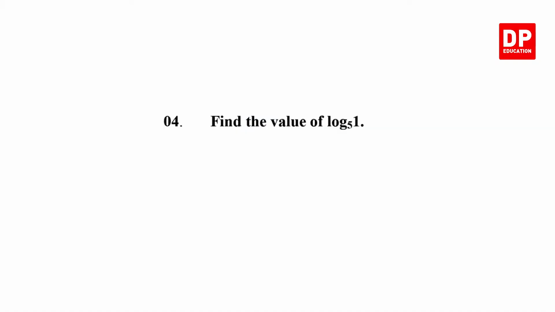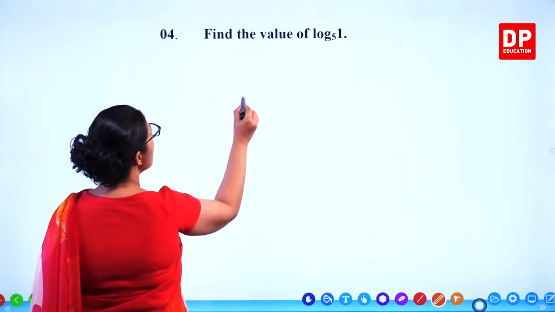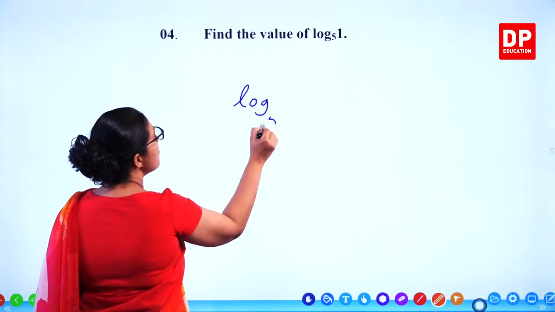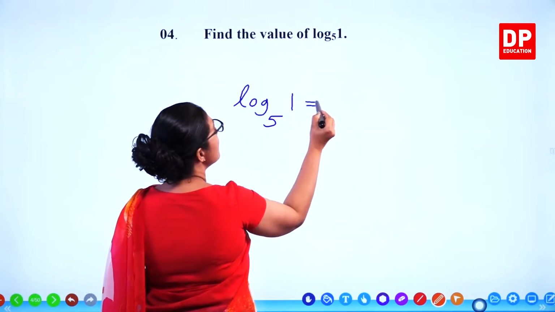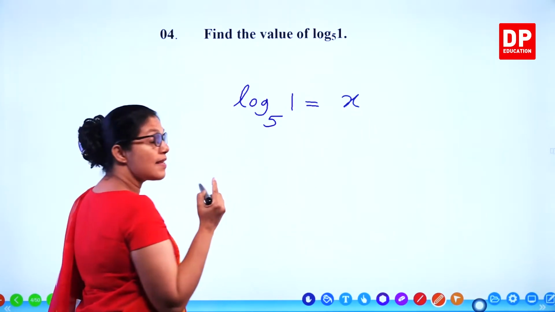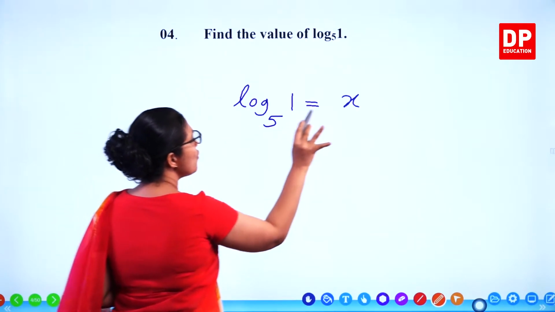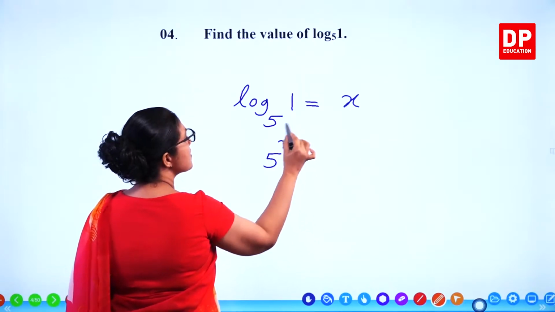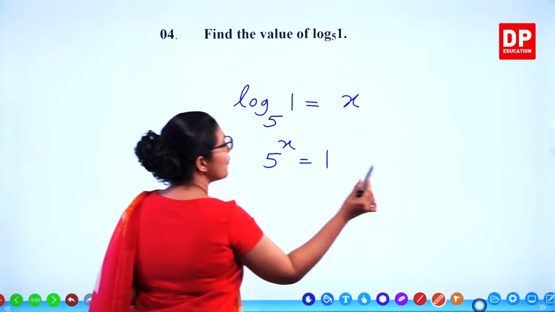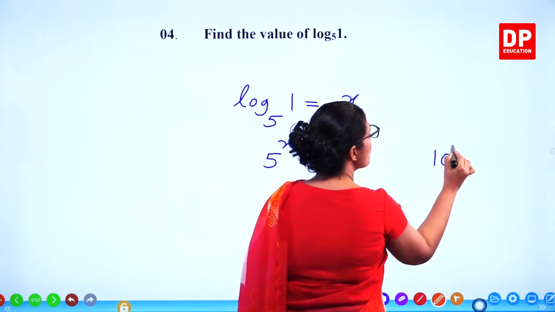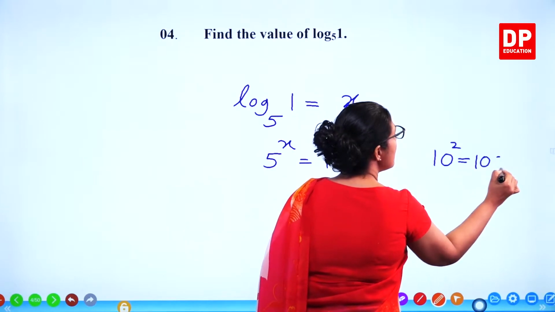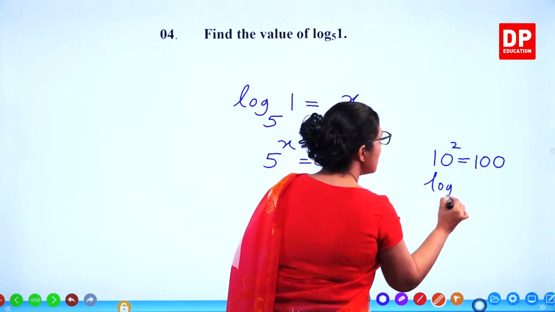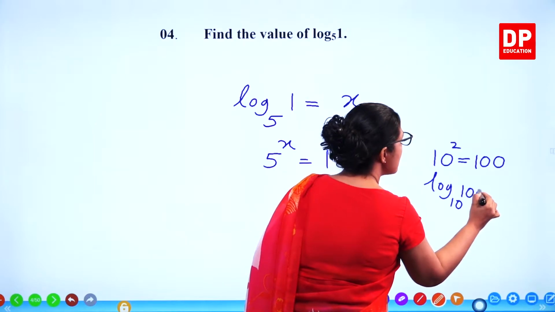Question number 4. Find the value of log 5 base 1. We'll put x as the answer. So how do you write this in index notation? 5 to the power x is 1. So always remember this one. 10 squared is 100. You can write log 100 base 10 is 2.